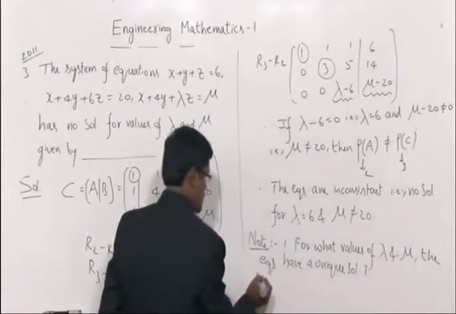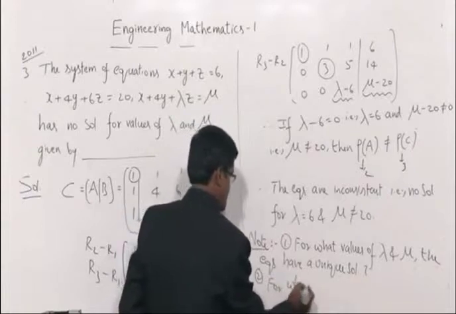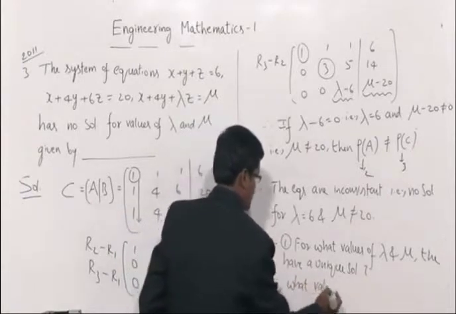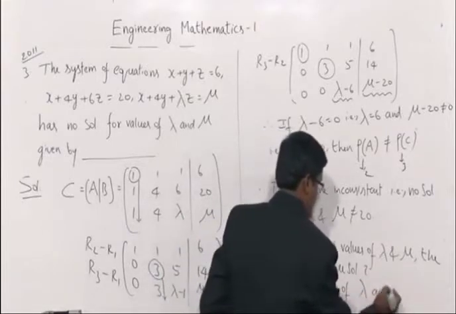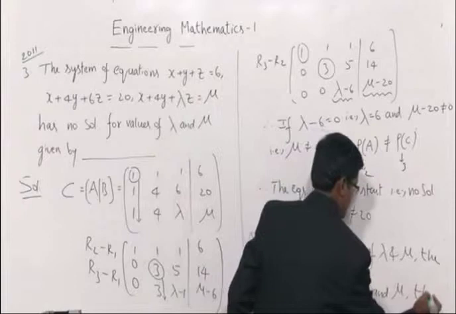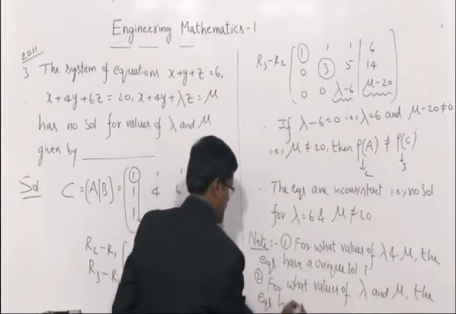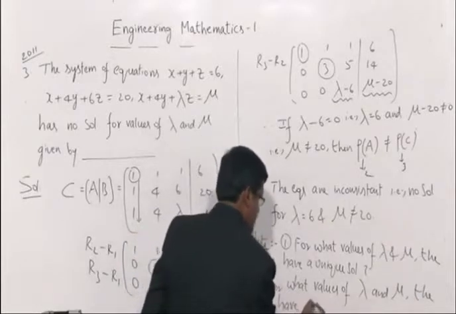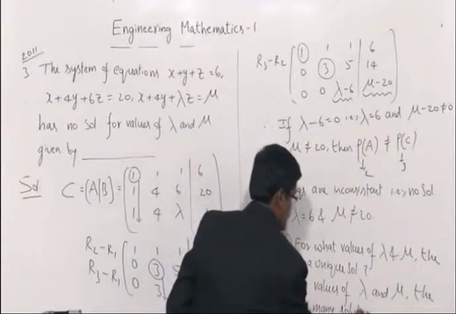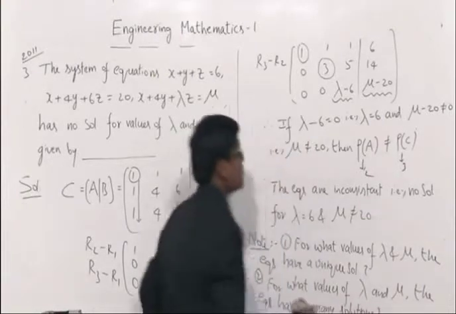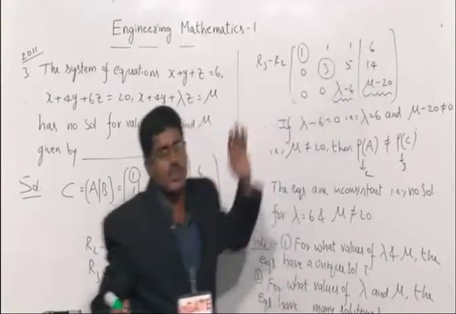Second question in the above problem: for what values of lambda and mu do the equations have many solutions, that is, infinitely many solutions? These 2 points depend on the last row of this matrix. Later you do.